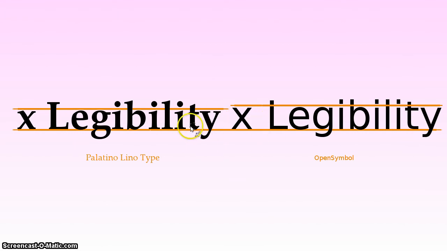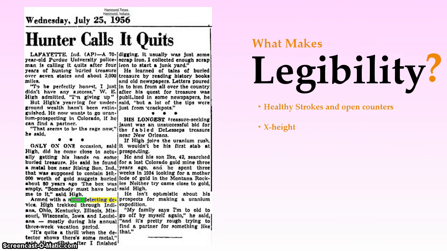If you compare these two texts, Open Symbol has a higher X height, and usually the font that has a higher X height is more legible. Okay, that's number two.